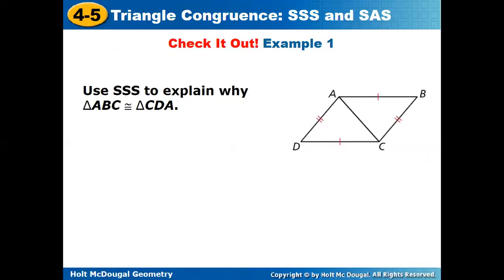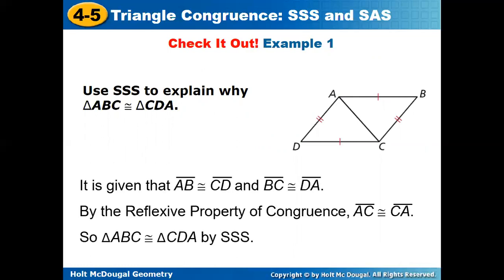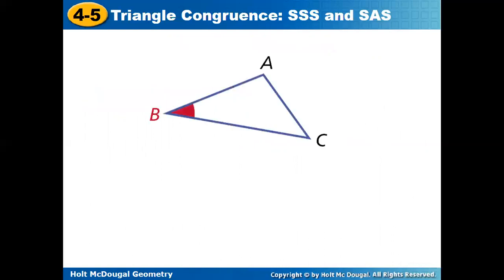Use SSS to explain why triangle ABC is congruent to triangle CDA. Firstly, it's given that AB is congruent to CD and BC is congruent to DA. By the reflexive property of congruency, AC is congruent to CA. So triangle ABC is congruent to triangle CDA by SSS.